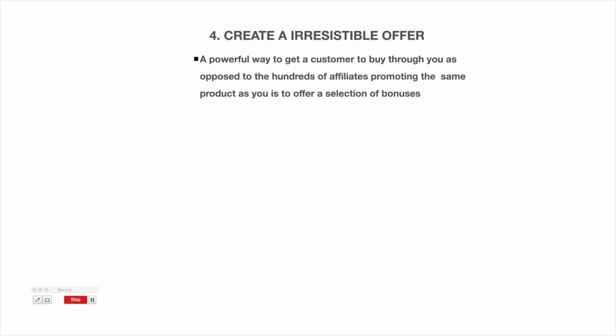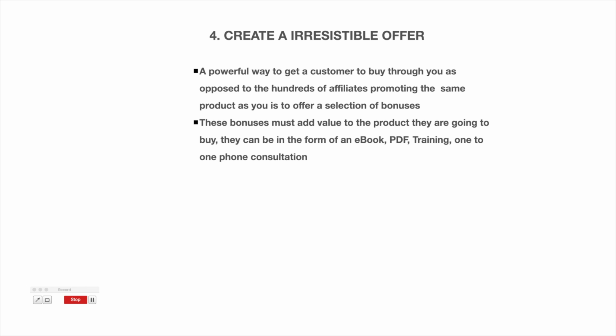But if you can imagine, there are maybe hundreds of other affiliates selling or promoting the same product. So this is a very powerful way for you to get the customers to buy from you instead of another affiliate, and that's by offering a selection of bonuses, and these can be in the form of an ebook, a PDF, more training, or the very powerful one, the one-to-one phone consultation.